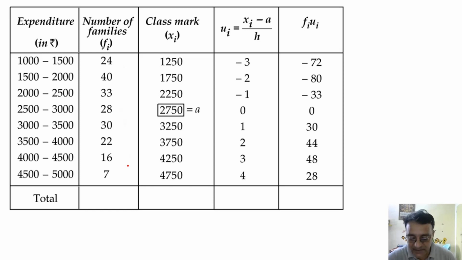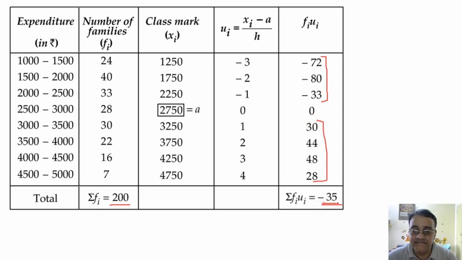Now total frequency, already in the question it is given, total frequency is 200. Now we will add these 3 and these 4, then we will subtract. Okay, so we'll get -35.